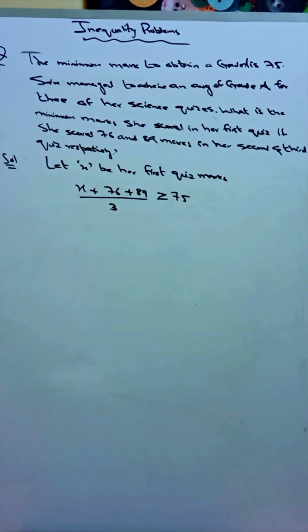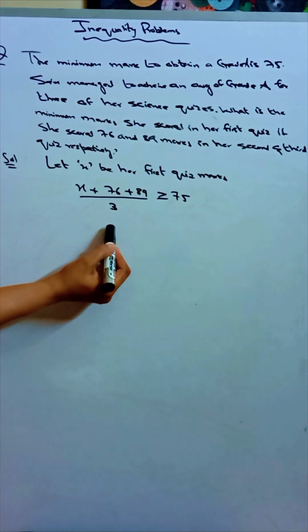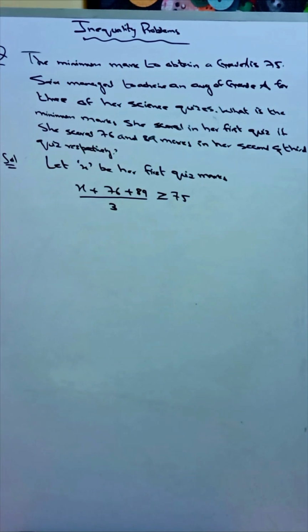Wherever you see such questions and they use the word average, it means whatever the score is divided by 3, greater than or equal to 75. Any problem here? I hope not.